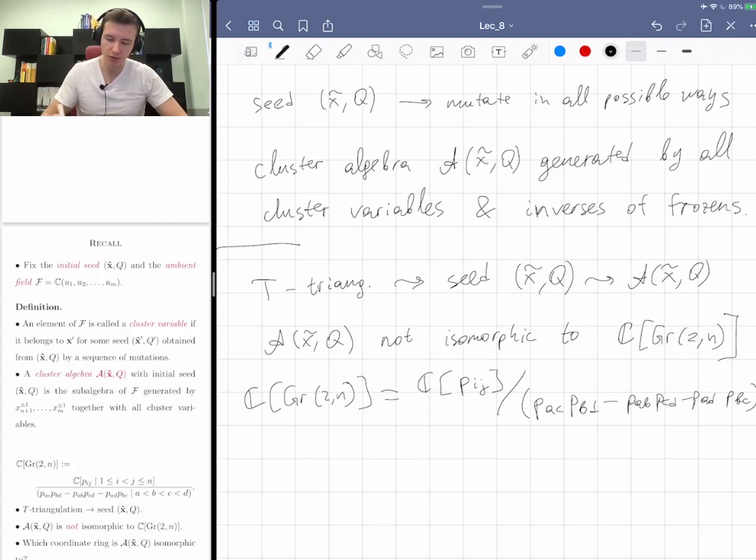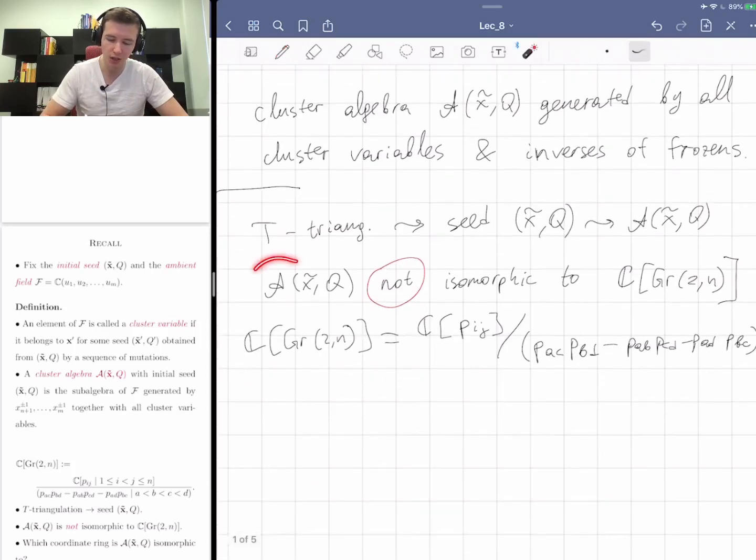And so it is not isomorphic. And the reason was that inside here we have inverses of frozens, but inside the coordinate ring of the Grassmannian we don't, because the inverses of Plücker coordinates don't give you polynomial functions on the Grassmannian.